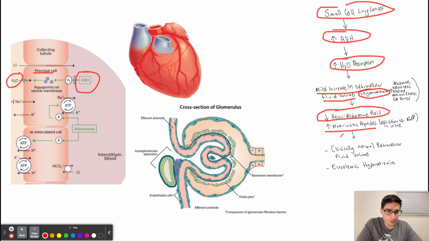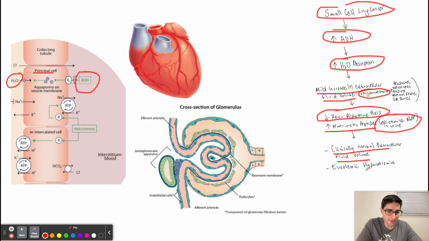Now, when those natriuretic peptides are released, it is going to cause excretion of sodium in the urine. And so with this excretion of sodium, we're basically getting rid of that extra volume that we got from this antidiuretic hormone. And as a result, we're going to have a clinically normal extracellular fluid volume.